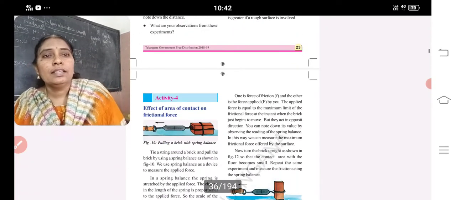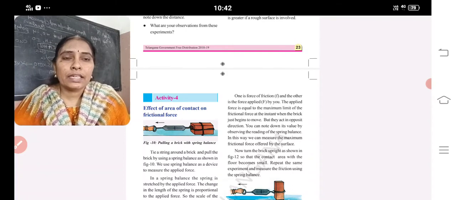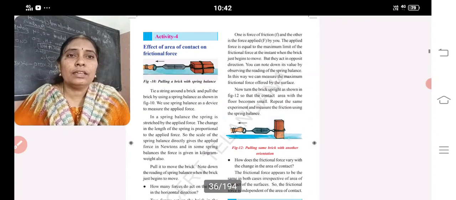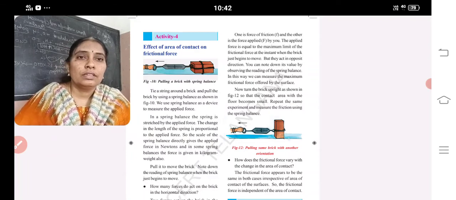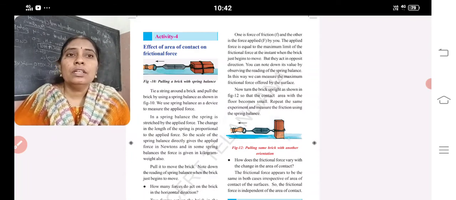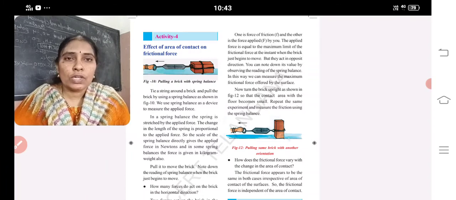And next, effect of area of contact on frictional force. What is the effect of area of contact? You can see both the figures, figure 12 and figure 10. What are you going to observe here? The brick is in a horizontal position and the brick is in a vertical position.